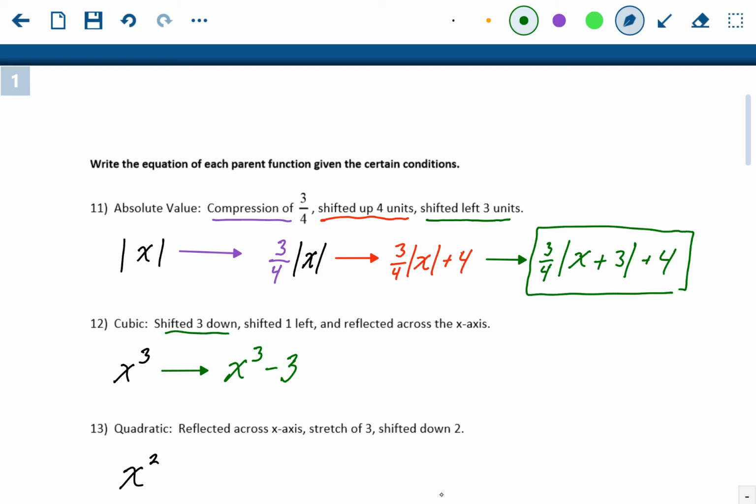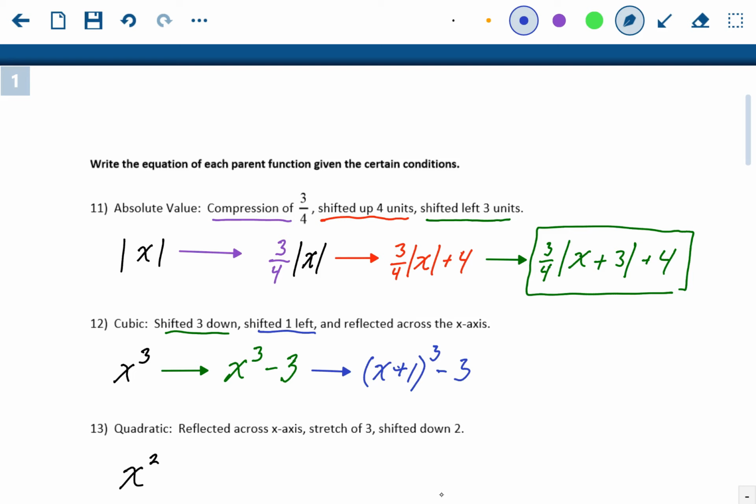Okay, shifted 1 left. Now going left and right, you have to be inside the function, so that part has to be part of the cubed part. So instead of x to the 3rd power, we're going to have x plus 1 for left 1 to the 3rd power, and then the minus 3 at the end.